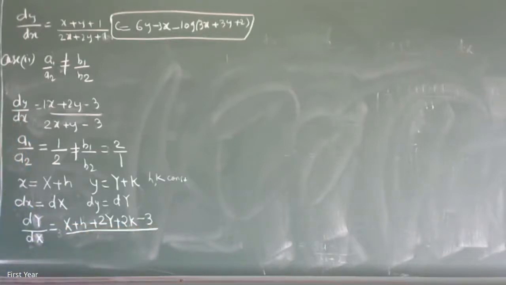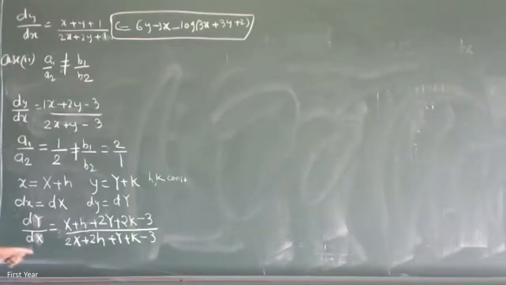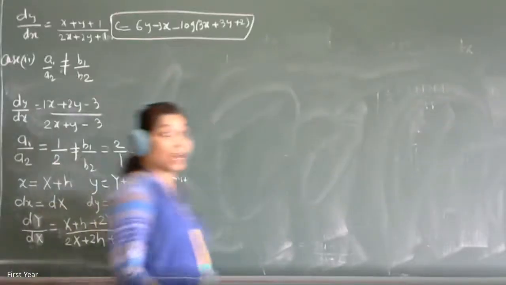And what about the denominator? 2 capital X plus 2h, plus capital Y plus k, minus 3. Okay? Fine? So this is your new differential equation. I will rewrite it in a nice way.